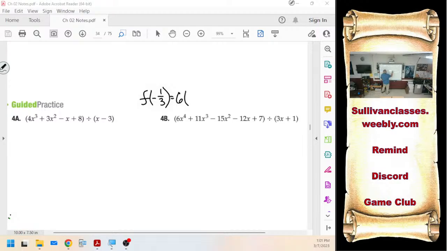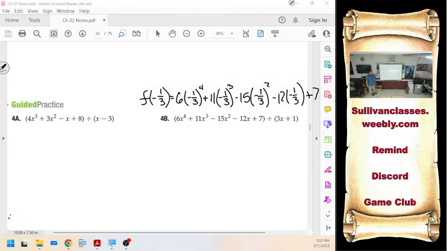So that's 6 by negative 1/3 to the 4th plus 11 times negative 1/3 to the 3rd minus 15 times negative 1/3 squared minus 12 times negative 1/3 plus 7.